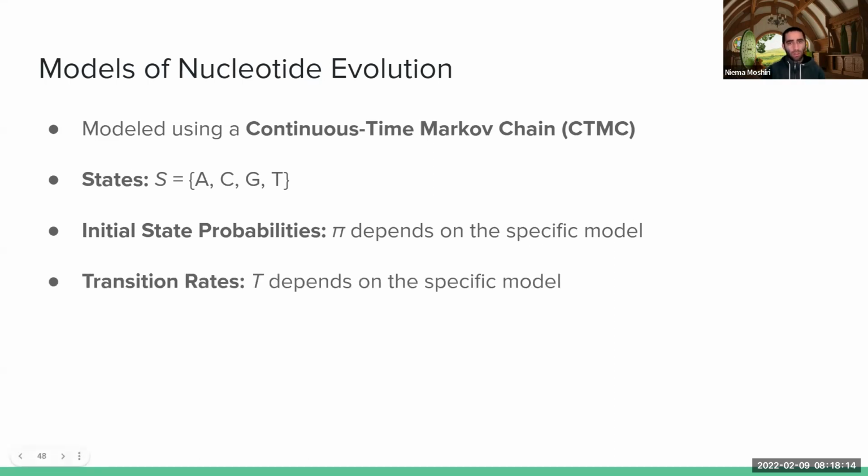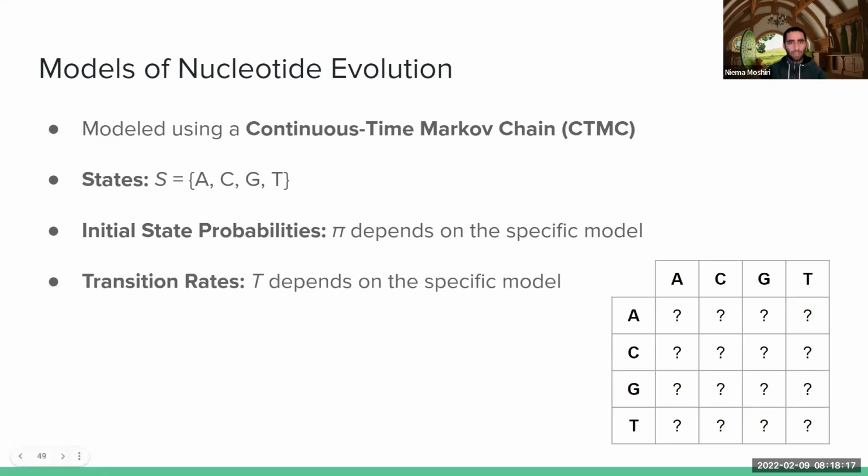The transition rates also depend on the specific model, but they basically describe, for each position of my genome, which I treat as evolving and mutating on its own, and let's say the first position of my genome is currently an A, this row of the transition matrix represents the rate that it stays an A in the future versus it transitions to a C, which would be a substitution, or a G, or a T, which would all also be substitutions.